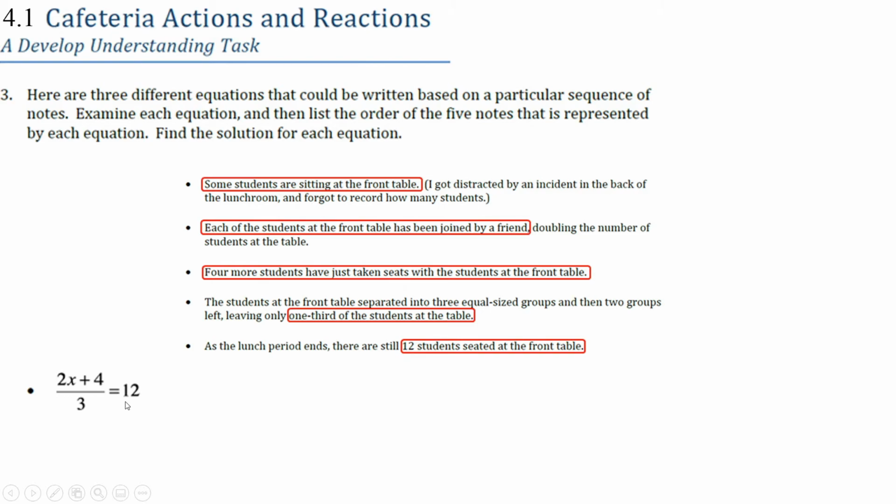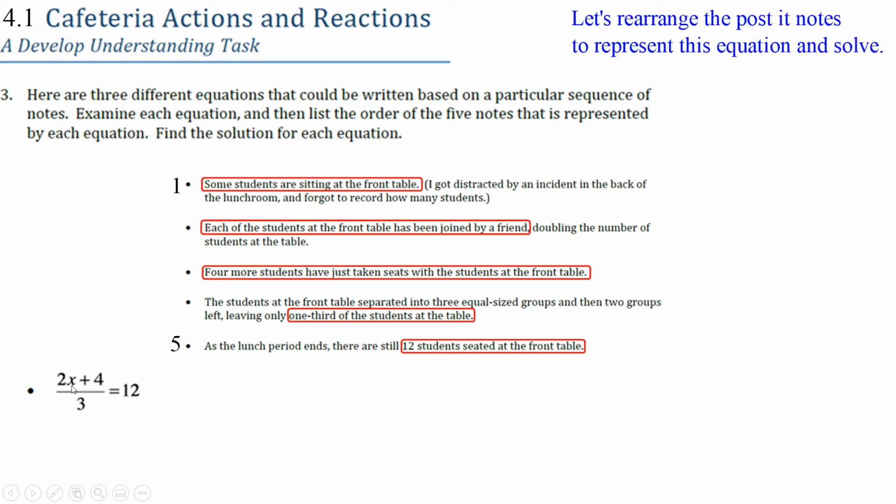Now, let's think about what is the order of the other 3 bullets. What did we do to the x first, order of operations? We multiplied by 2. So, each of the students at the front table has been joined by a friend, doubling the number of students at the table. That becomes the second bullet now, or the second note.